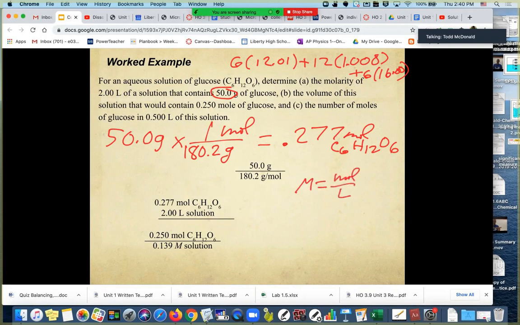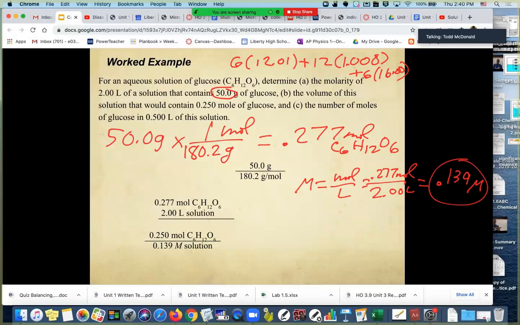So I take my 0.277 moles over 2.00 liters, and that gives me 0.139 molarity for my solution. So that's the first part of the problem, calculating my molarity.